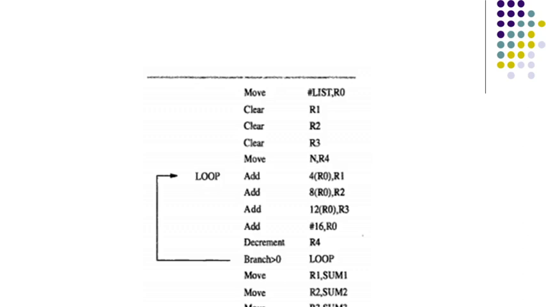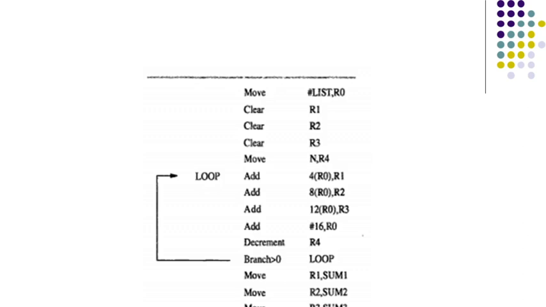Next, on the pass through the loop, test scores of the first student are added to the running sums held in registers R1, R2 and R3, which were initially cleared to 0, and we keep on adding the scores of the students into the registers R1, R2 and R3.